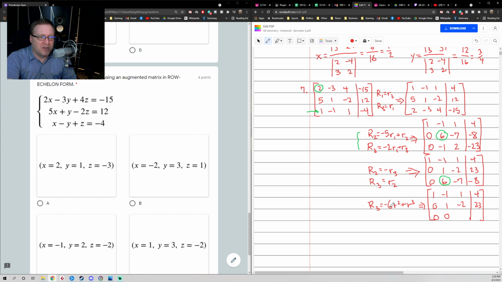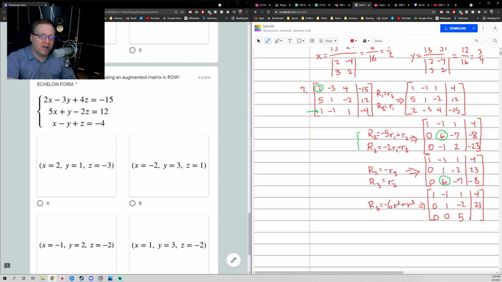All right. 0 times negative 6 is 0 plus 0 and still 0. And then negative 6 times 1 is negative 6 plus 6 is 0. And then negative 6 times negative 2 is positive 12. 12 plus negative 7 is 12 minus 7, which is 5.